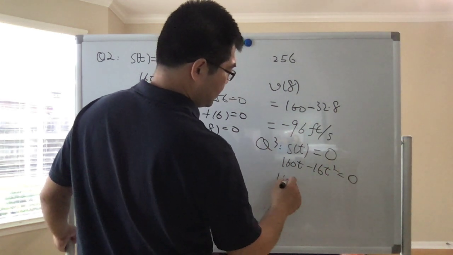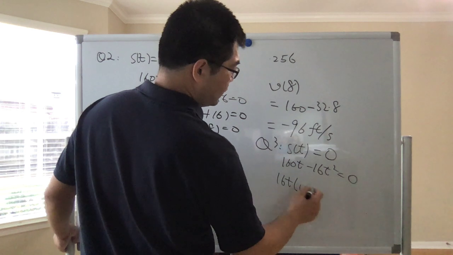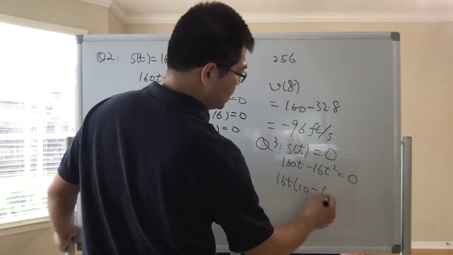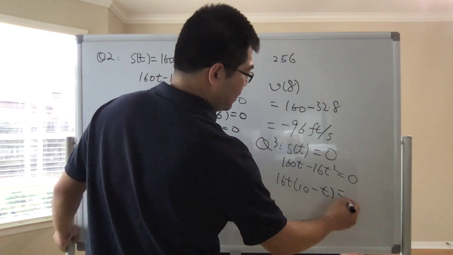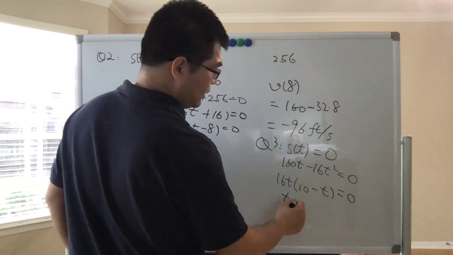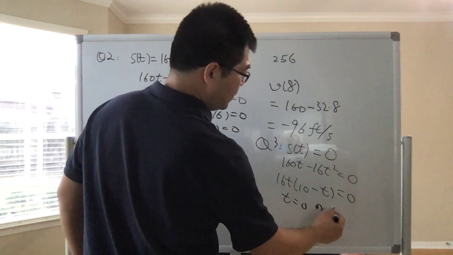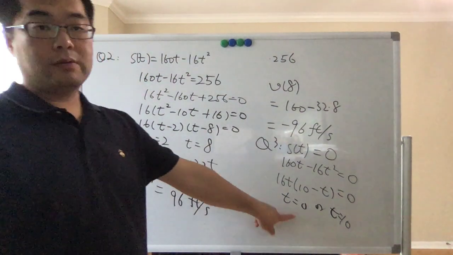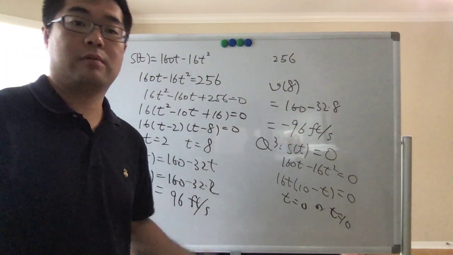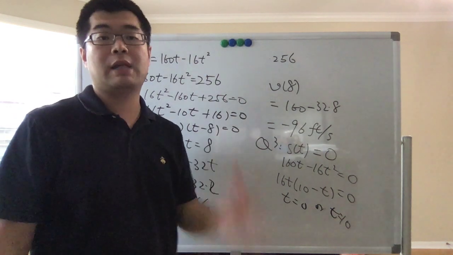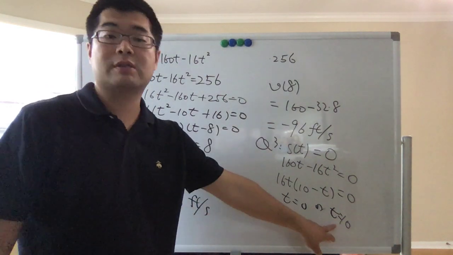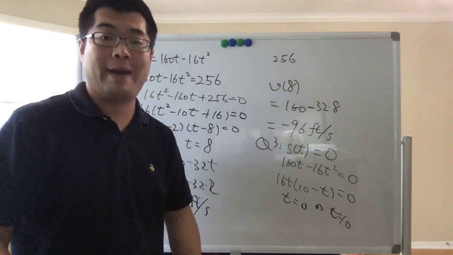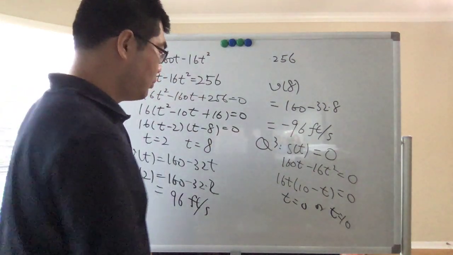You can factor 16t out, which gives 16t times (10 minus t), and then you get t equals 0 or t equals 10. Bingo. t equals 0 stands for the time the rock is still on the ground, before I threw it up. At t equals 10, it goes back to the ground. So that's problem 3.